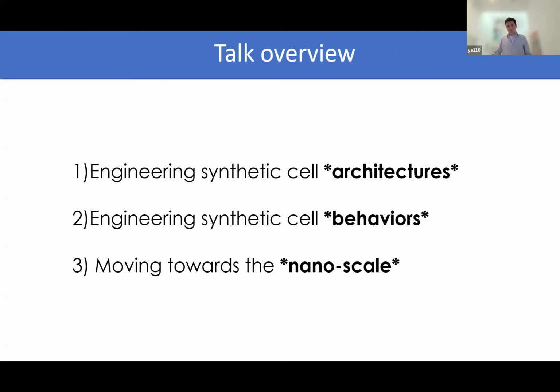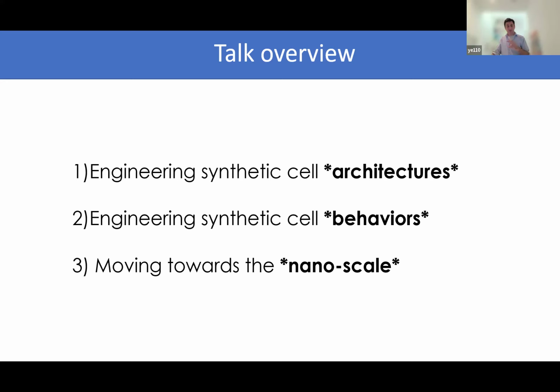Okay, so onto the scientific bit of my talk. As I said, we're very big on membranes, and we're very interested in building different types of membrane architectures to mimic some of the membrane architectures that you see in cells. We are very interested in translating that architectural complexity into behavioral complexity. So taking these architectures and leveraging those to engineer new types of behaviors. That's the second part of the talk.